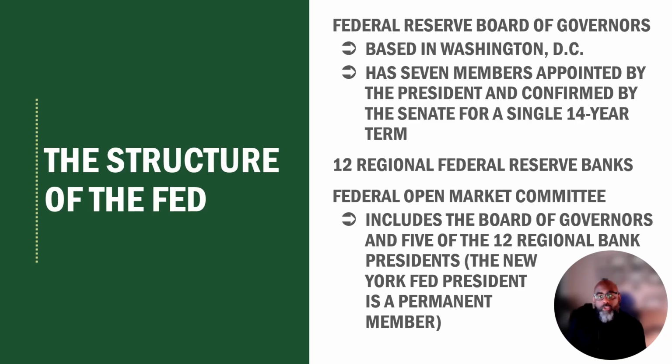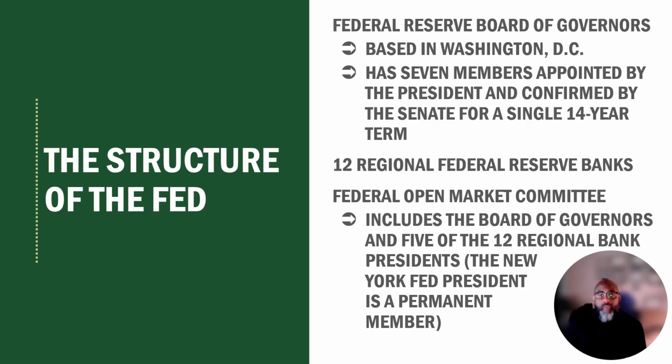While the board was traditionally filled by academic economists, recent appointments have included professionals from legal and financial backgrounds. The chair and vice chair are chosen from among the 7 board members and serve 4-year terms, which are renewable as long as they remain on the board. With a staff of about 2,000 people, the board plays a central role in shaping monetary policy and regulating the banking system.